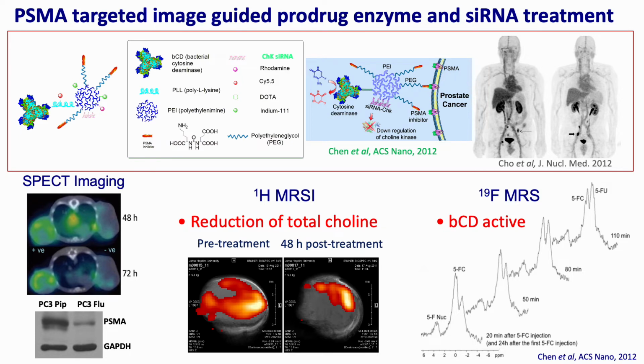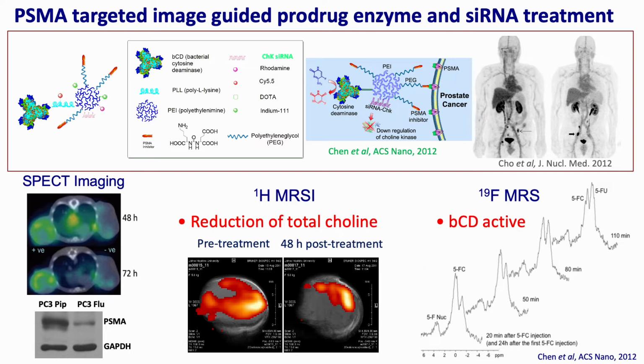So the tumor models that we picked for these studies were a high PSMA expressing PC3 PIP tumor and a low PSMA expressing PC3 flu tumor that were inoculated bilaterally.